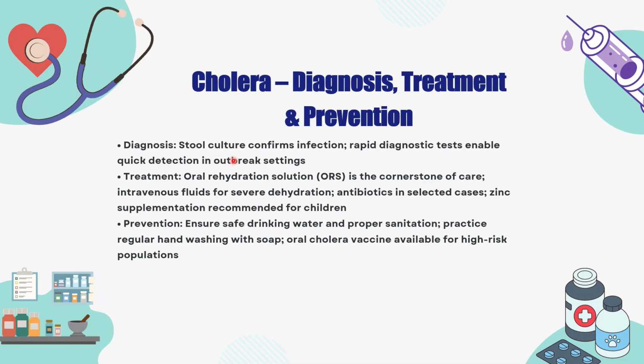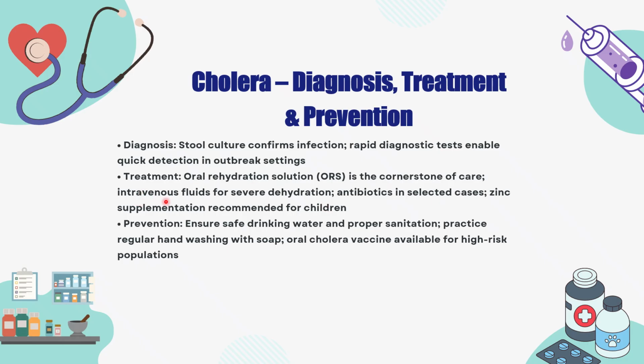Diagnosis of cholera can be done by stool culture to confirm infection, and rapid diagnostic tests enable quick detection in outbreak settings. The treatment is mainly oral rehydration solution (ORS) to prevent dehydration. It is a cornerstone of care. Oral rehydration solution is a must.